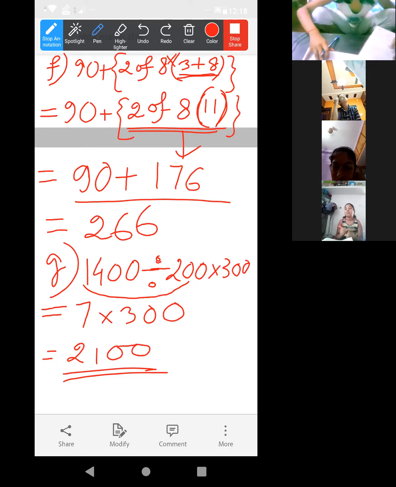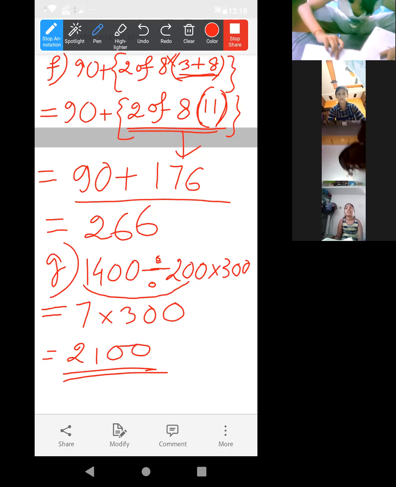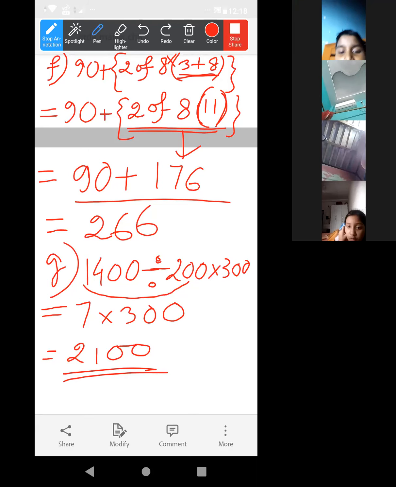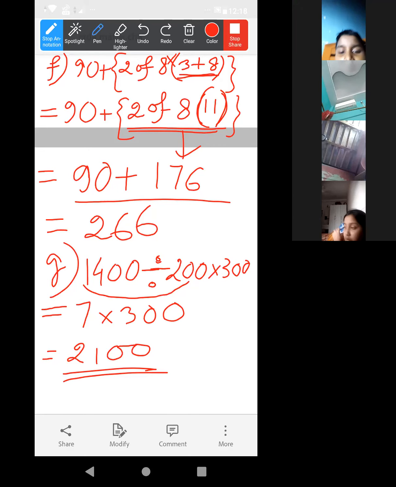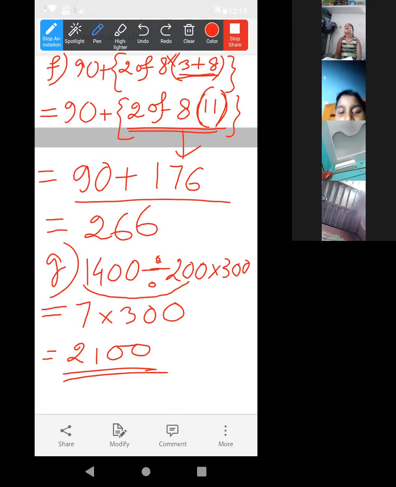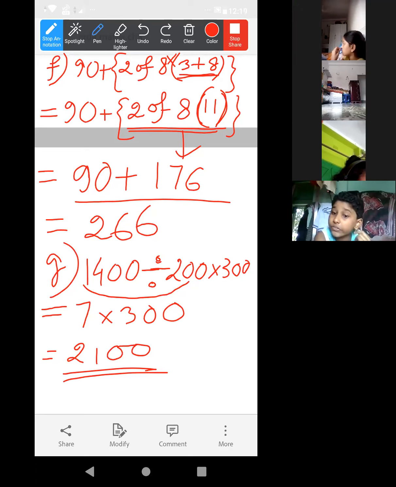Shushnath, Shirin, Bonusri is there. What happened? You want to sleep? Oishani? No, ma'am. Parijat? Ma'am, can you see us?